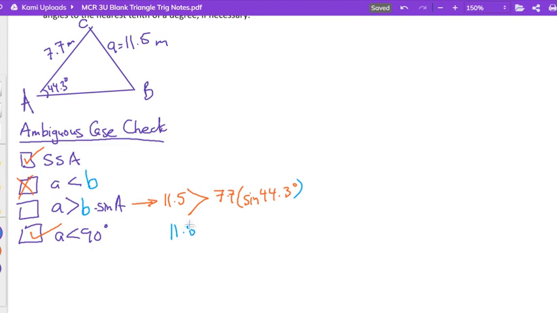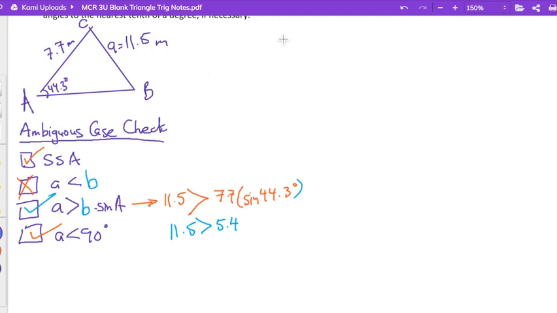And when we do this, we get that 11.5 is greater than 5.4. So we got a check mark there. But 3 out of 4 is not good enough. We need 4 out of 4. As a result, is this triangle ambiguous? So how many possible triangles will be formed under these conditions? One triangle.